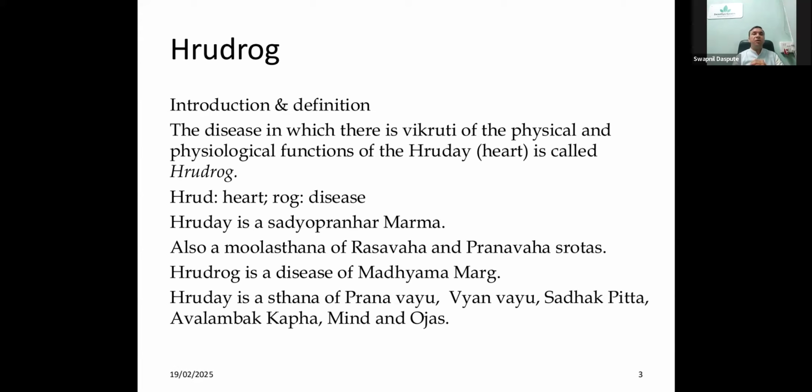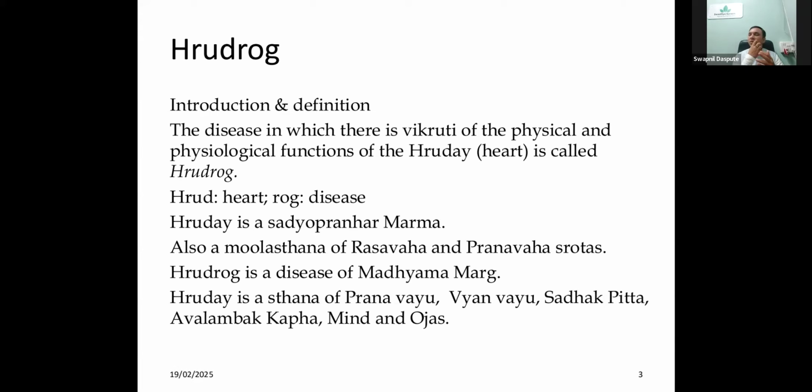Hriday is a sthan of Pranavayu, Vyanavayu, Sadhaka Pitta, Avalambaka Kapha, mind, and Ojas. Nice revision for you all. So Hriday is a location. What all is located at the Hriday? Pranavayu, Vyanavayu, Sadhaka Pitta, Avalambaka Kapha, mind and ojas.